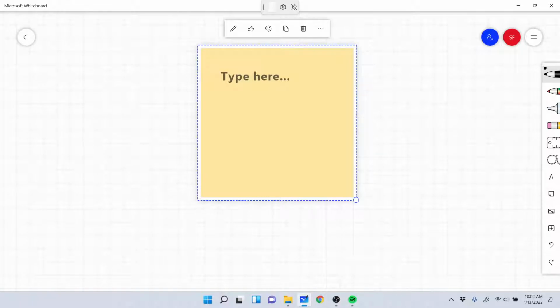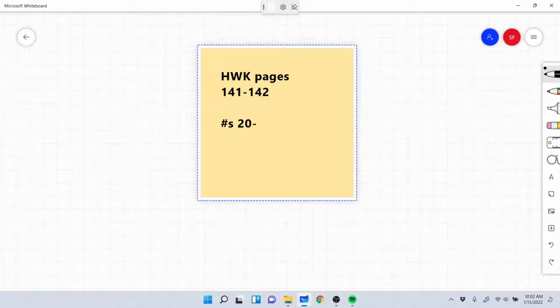Okay, so here's your homework. Pages 141 through 142, numbers 20 through 26, and 52 through 60.